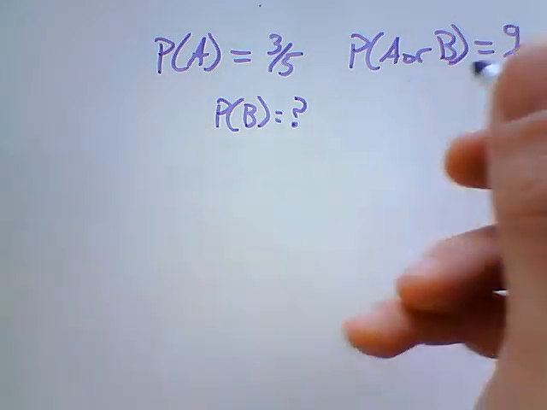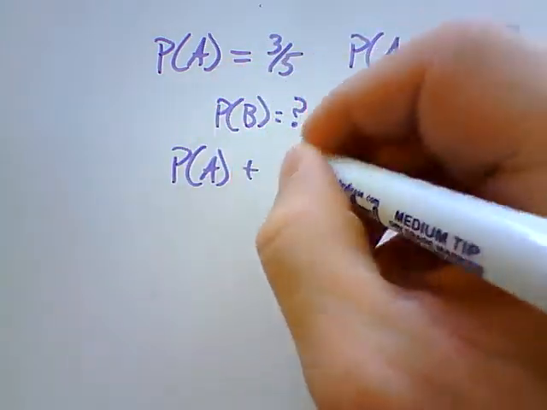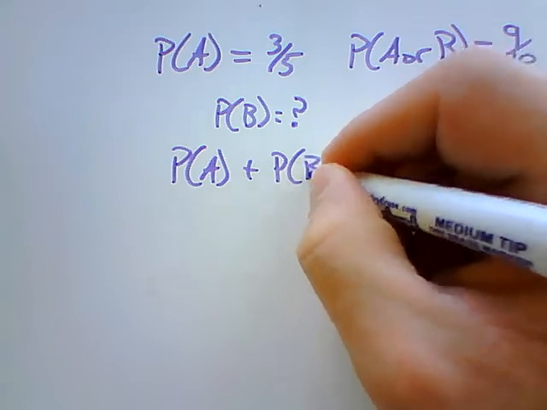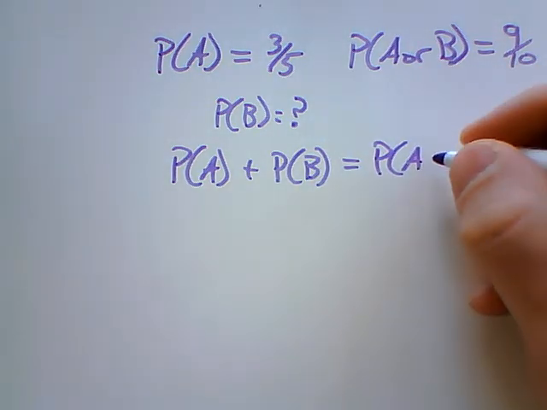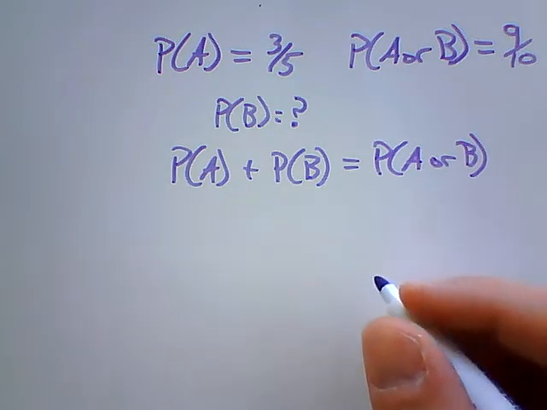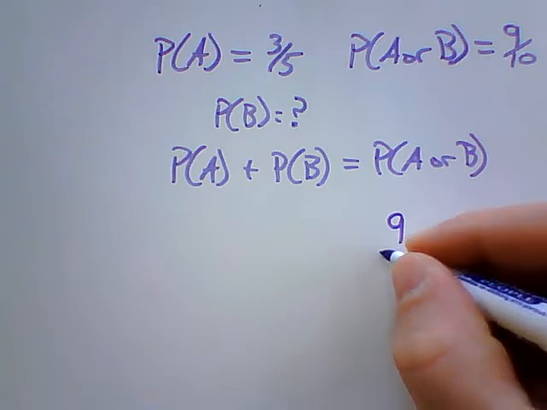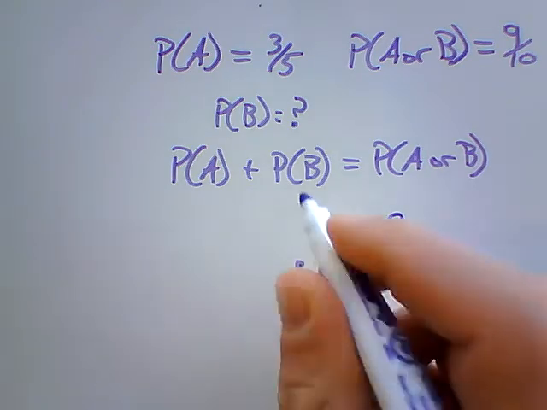Well, this is our formula. A or B is 9/10. The probability of B is a question mark.